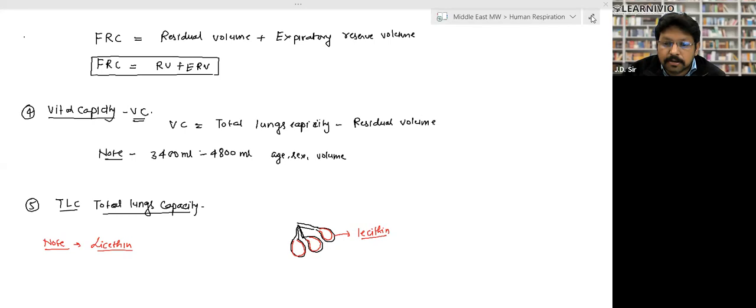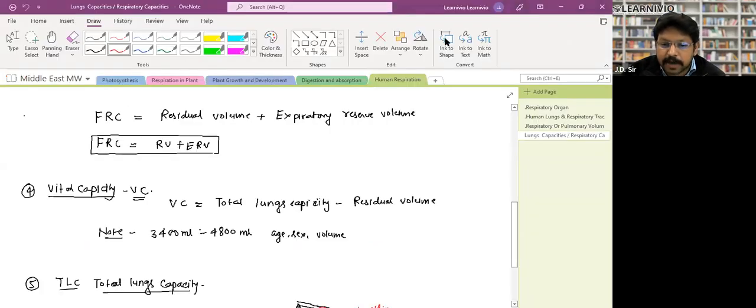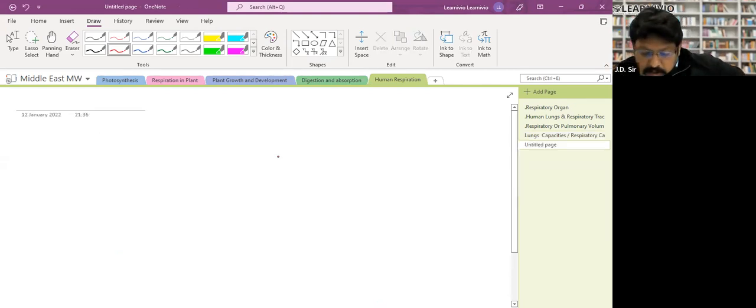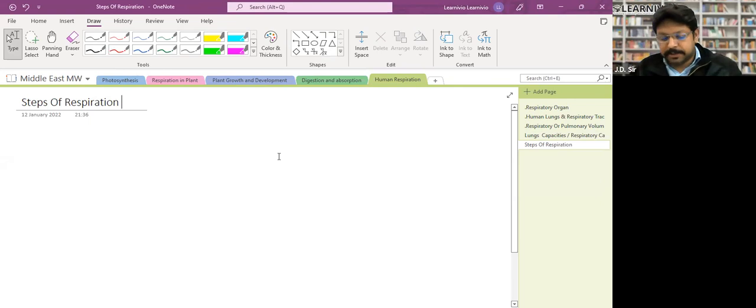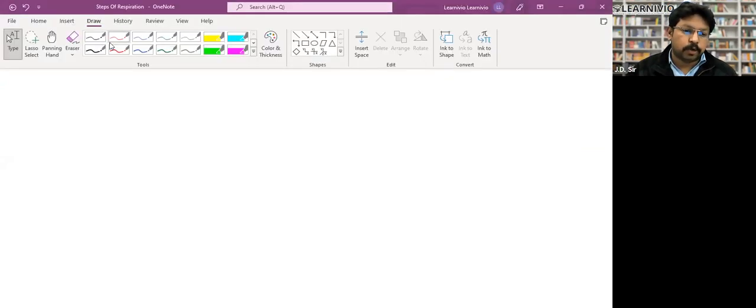The next heading, put the heading: the steps of respiration. How does respiration take place? Keep on writing, with point 1, point 2, point 3.